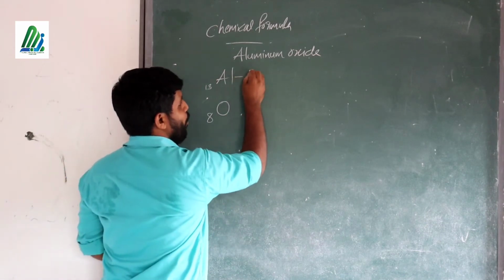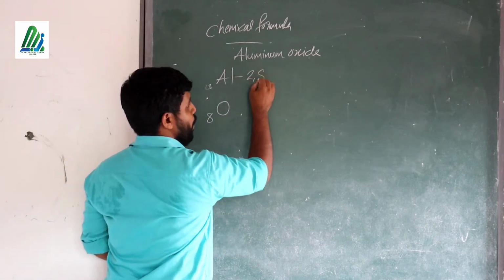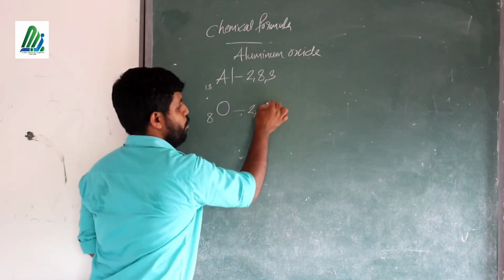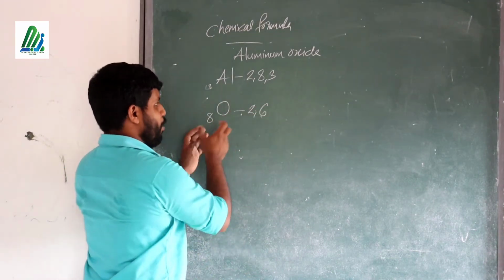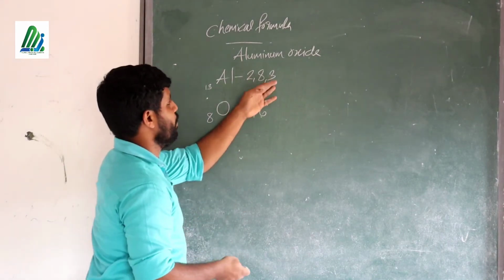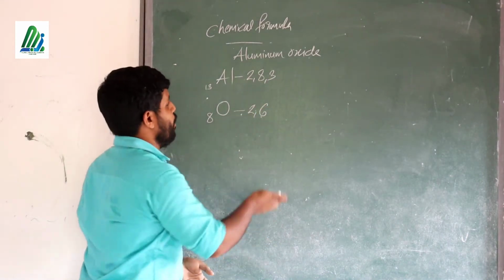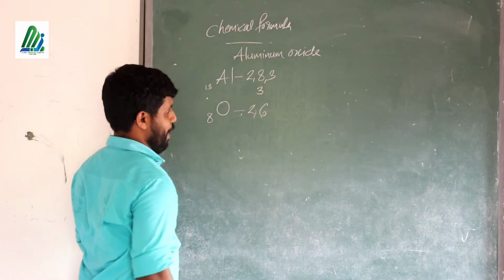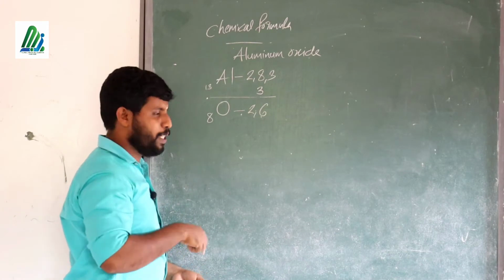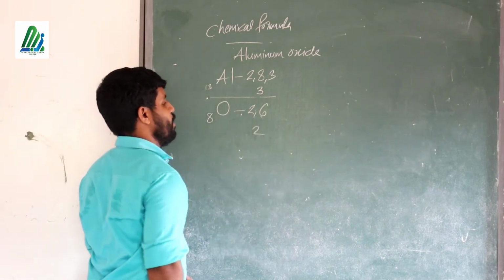The electronic configuration of aluminium is 2,8,3 and of oxygen is 2,6. Aluminium has 3 electrons, so it will donate 3 electrons and its valency is 3. Oxygen has 6 electrons, so it will accept 2 electrons and its valency is 2.